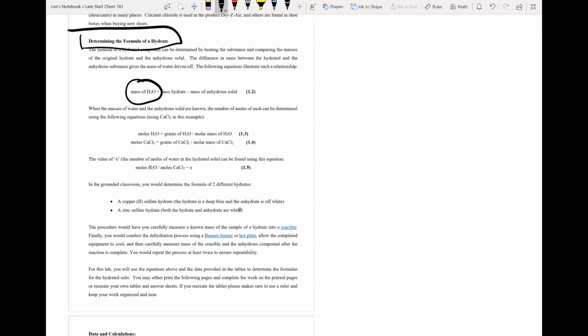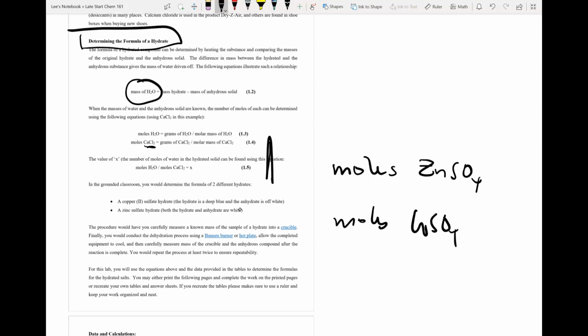Now in our case, we're not going to take the moles of calcium chloride, we're going to take the moles of whatever our anhydrous compound happens to be. It's going to be either zinc sulfate or copper sulfate, but the math we do is exactly the same. So we take the grams of our anhydrous compound, either our zinc sulfate or our copper sulfate, divide that by its molar mass, which you can compute using an online molar mass calculator, and we will get the moles of our anhydrous compound.